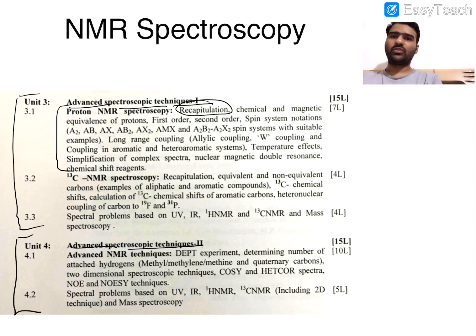So what we'll be focusing on in this first video will be a recap of various terminologies involved in NMR spectroscopy, and also a brief overview of what exactly is an NMR spectrum, when do we get an NMR spectrum, and what are the criteria to be met by a nucleus to exhibit a positive NMR absorption.